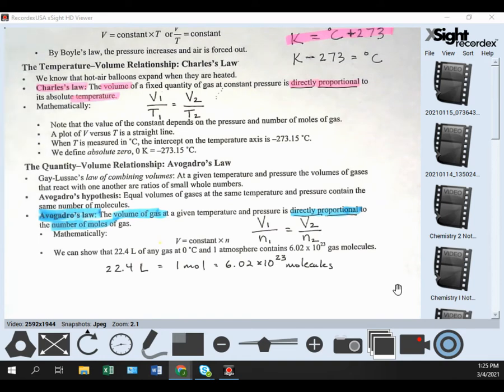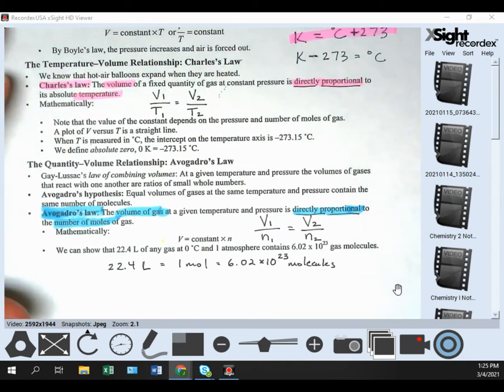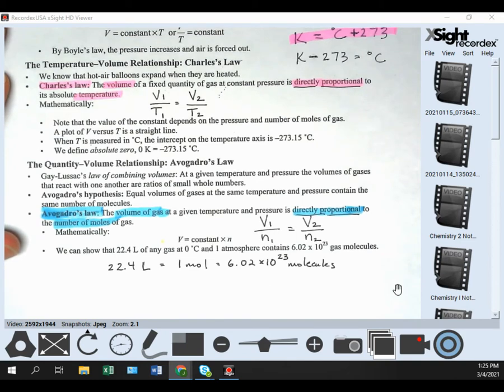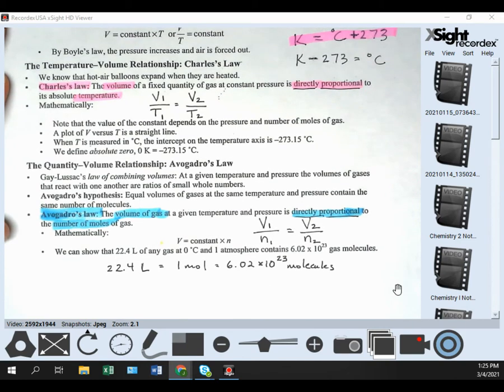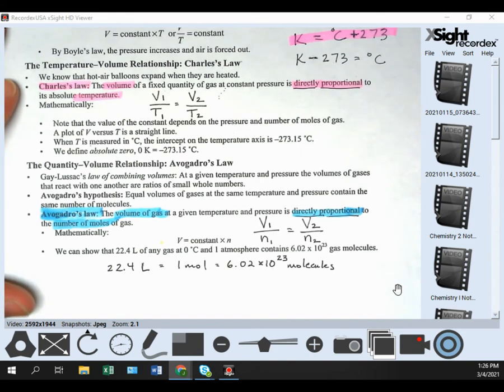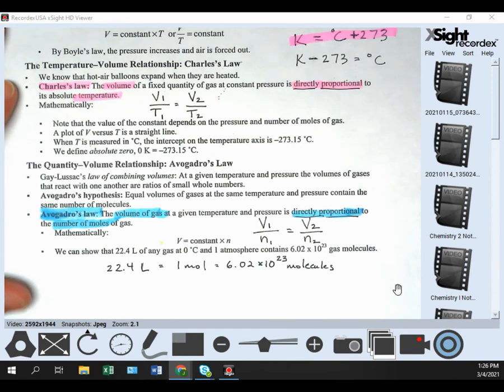It's a little weird at first, but it makes sense when you think about what pressure is: molecules striking the walls of the container, how often and at what speeds. If that's all the same, then theoretically you have the same number of molecules inside the container.